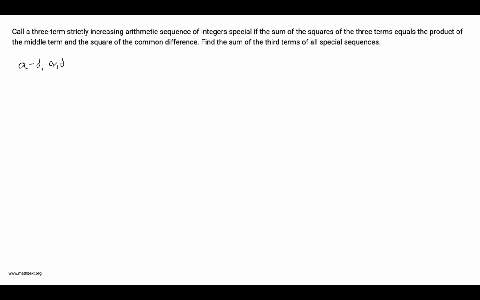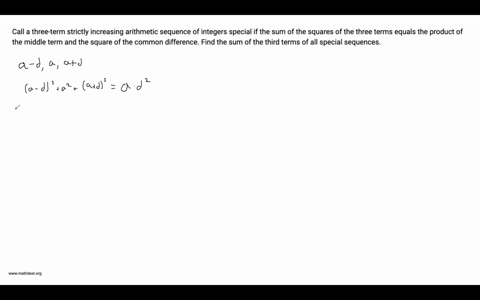We are given that the sum of the squares of the 3 terms is equal to the product of the middle term and the square of the common difference, which means that (a minus d) squared plus a squared plus (a plus d) squared is going to be equal to a times d squared.